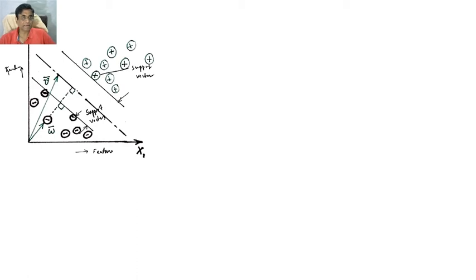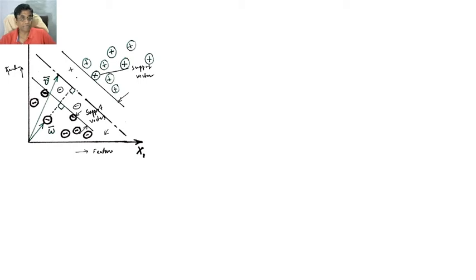And at the middle of the gutter, you can draw your decision boundary so that it will be robust, in the sense that if there are some negative samples even here and here, this will still classify those samples as belonging to the negative class.